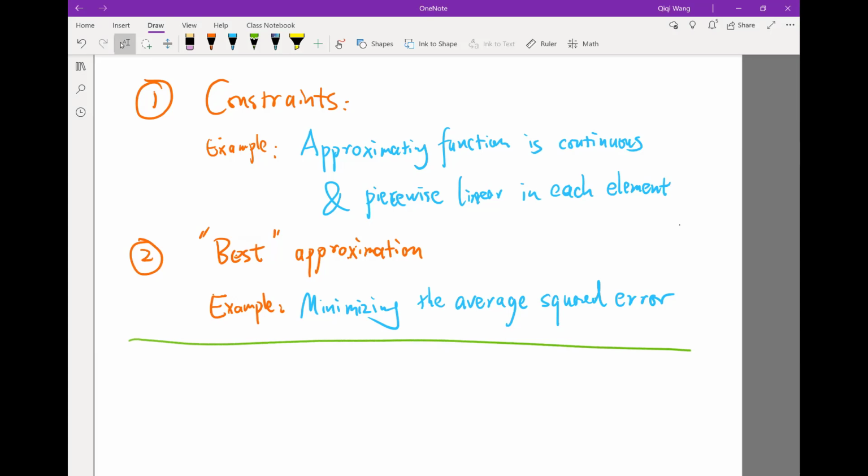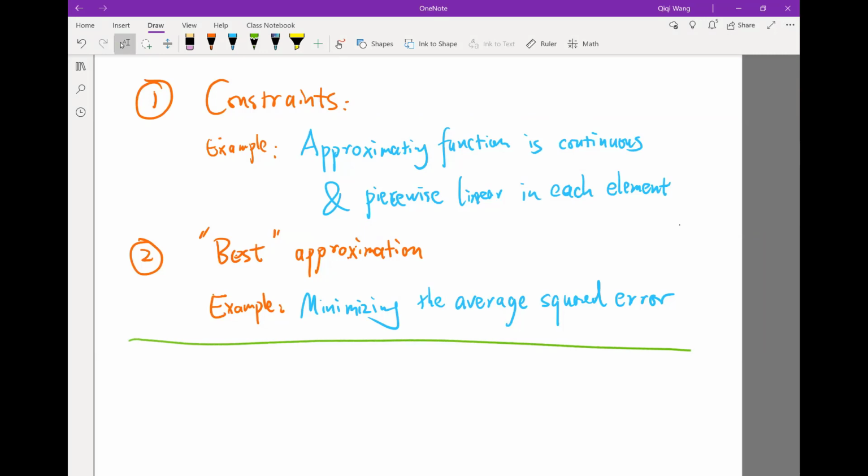One thing I want to clarify, in case we have some confusion, is that so far the finite element method still has nothing to do with differential equations. It's just for approximating a function. And you're going to see pretty soon that the method actually generalizes pretty easily to some differential equations.